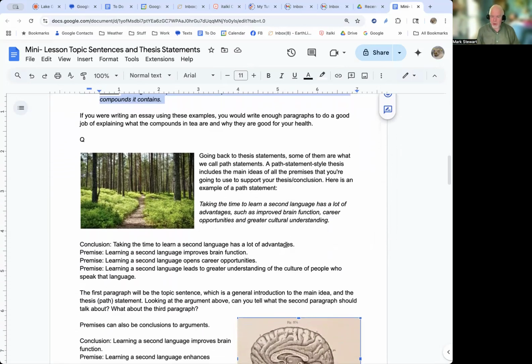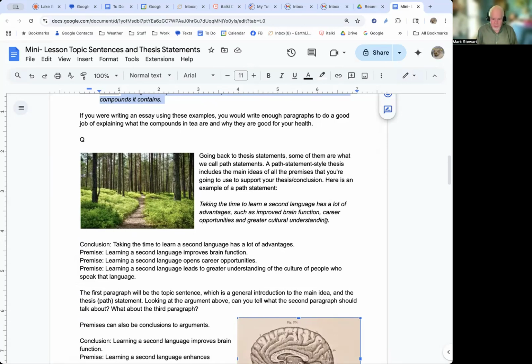Some of them are what we call path statements or thesis path statements. I may use both phrases, so try not to be confused. A path statement style thesis includes the main ideas of all the premises that you're going to use to support, excuse me, your thesis or conclusion.